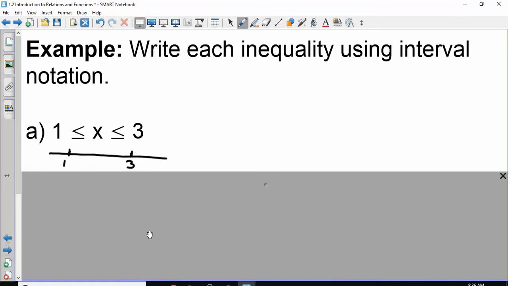Usually in this class we switch and use parentheses and brackets just so our number line matches the notation we use later on. So equal to is a bracket. It stops at 3, it has another equal to, so that's a bracket. So my interval notation begins at 1, it can equal 1, so it gets a bracket, comma, stops at 3, can equal 3, so the 3 gets a bracket. Always go left to right, small to large.